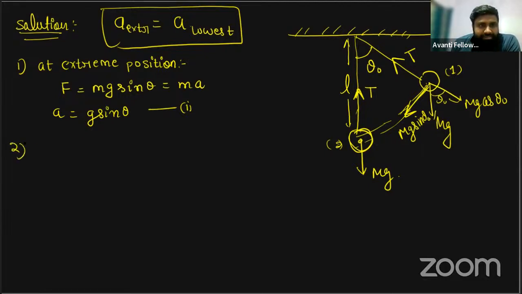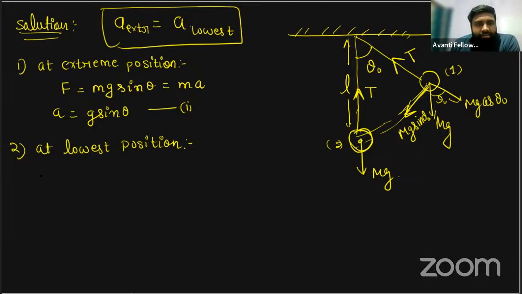So in the second case, at the lowest position, acceleration is coming from centripetal acceleration.